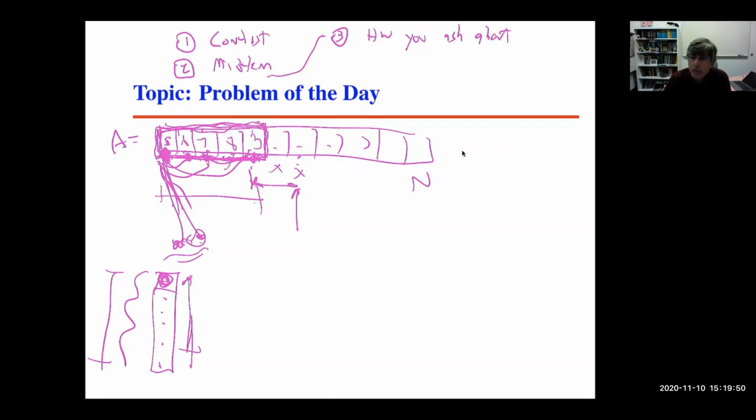Any other ideas people used in pruning or anything like that? And if Ronnie's Chen is here, I encourage them to speak up. Okay. Any other questions? The question of what would I use as my data structure here?